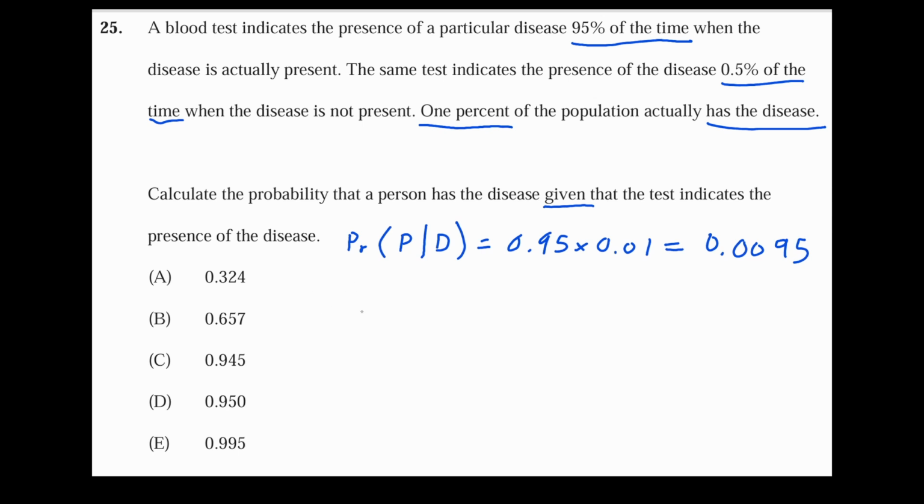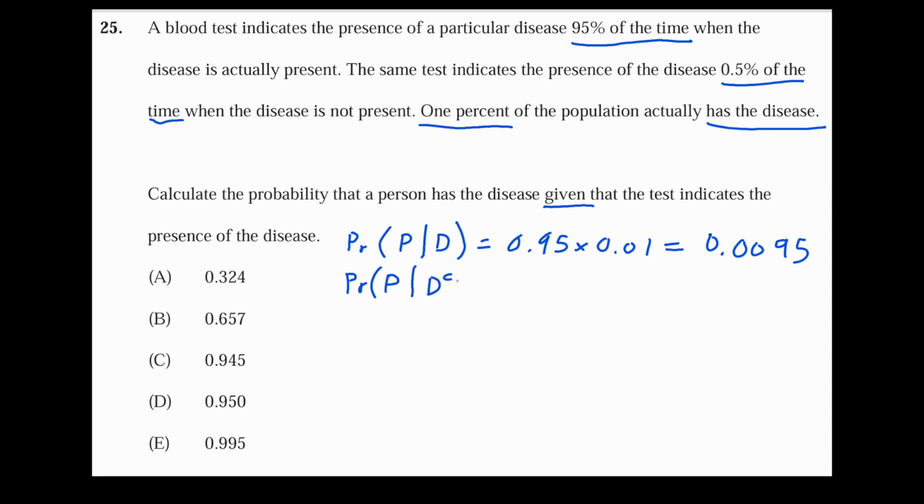And the other portion of when the test is positive is when the person does not have the disease, but the test is still showing positive. So the probability that the test is positive given that they do not have the disease.